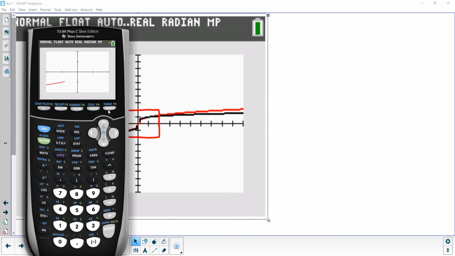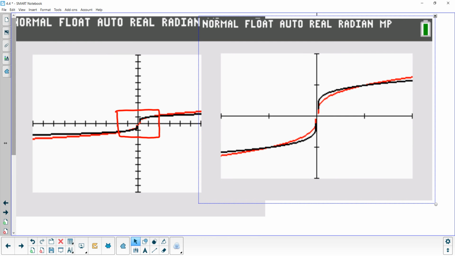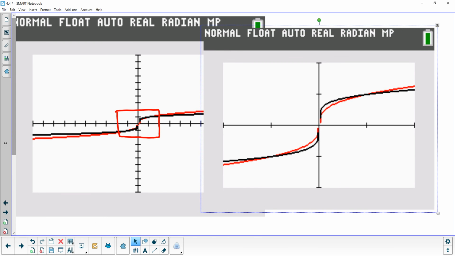Okay, so here's our cube root. It's going to get steep in the middle, so it almost looks like it disconnects. It doesn't. Alright, I think we can definitely see what's happening now. Does anybody see a coordinate that looks like it's in common with both of those?